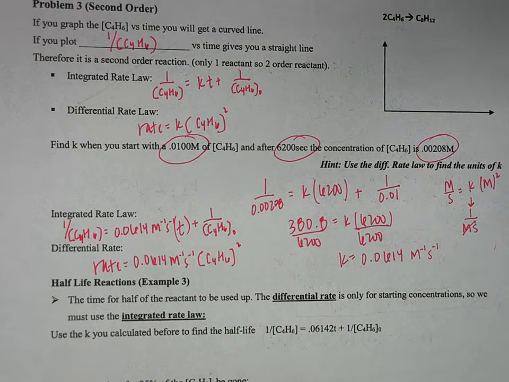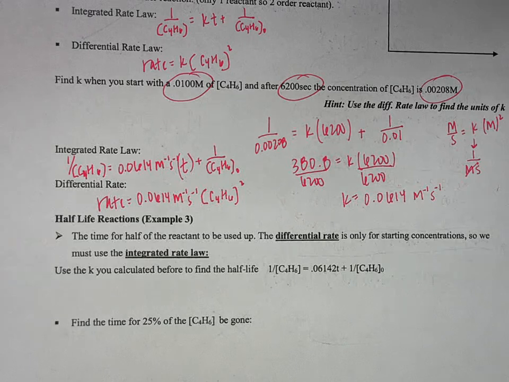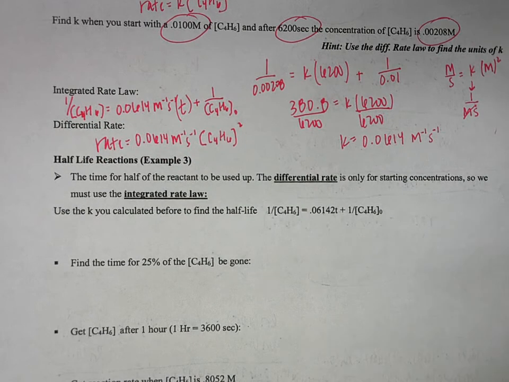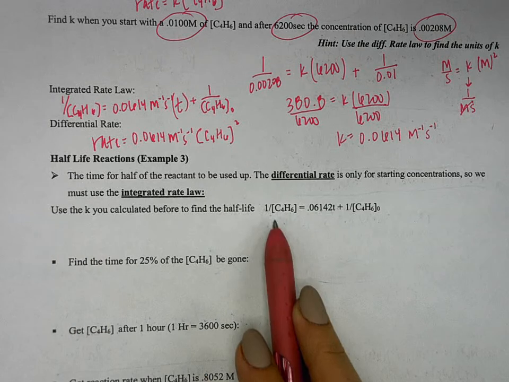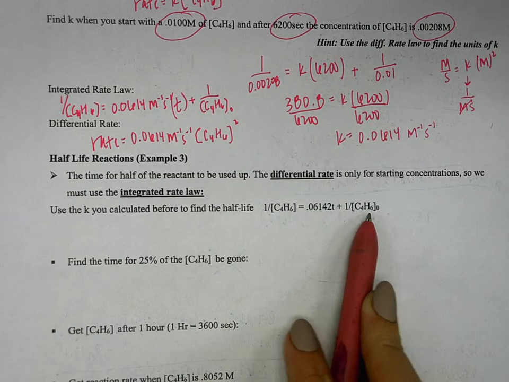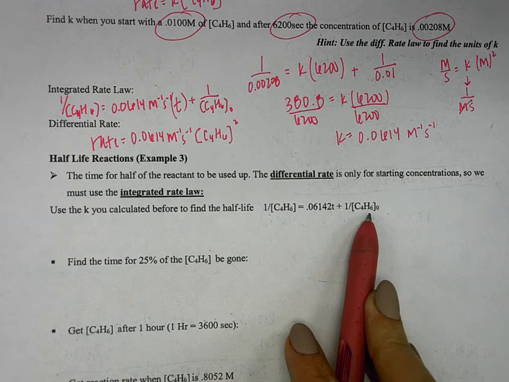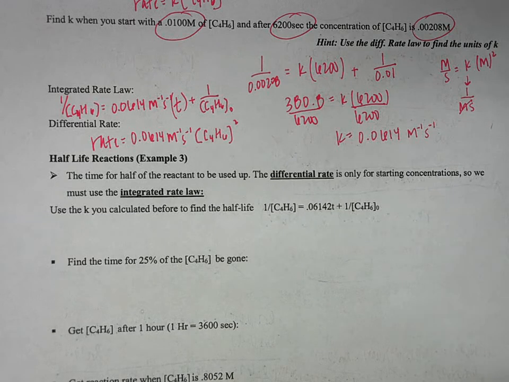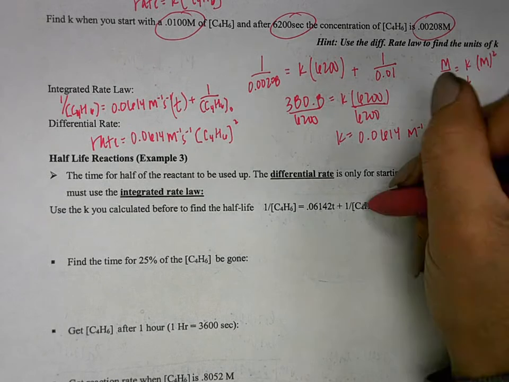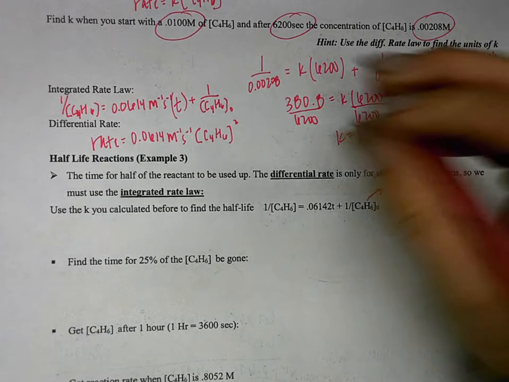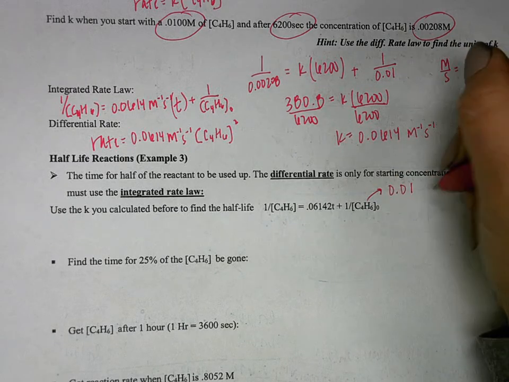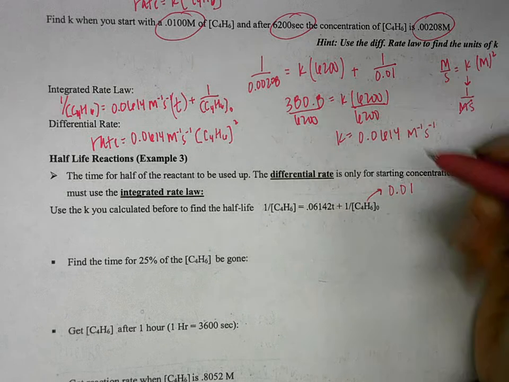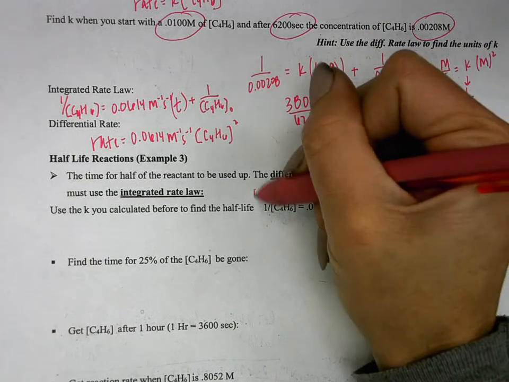All right, last example, now you have an example for everything, for each one. If we want to find the half-life, we're going to use our integrated rate law. We have our K, and our initial amount, which they told you was 0.01, and I got that from above when we found K. Half of that would be 0.005.